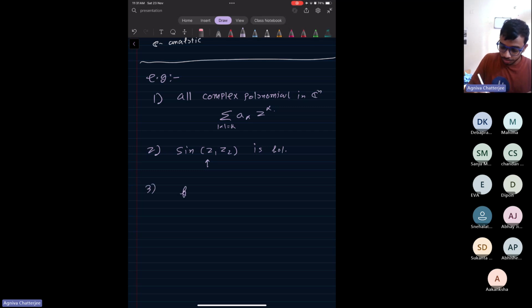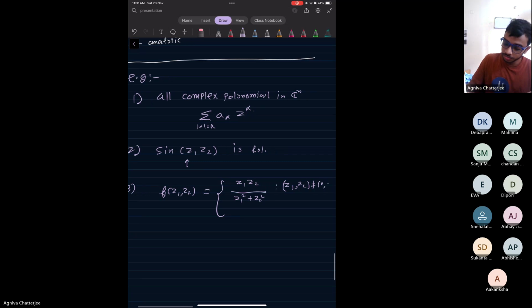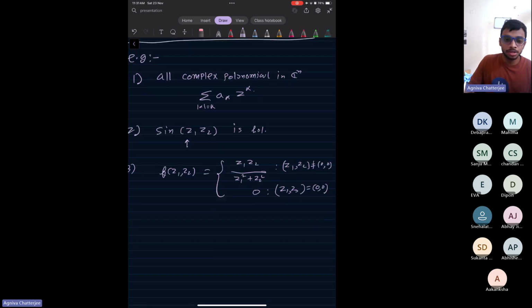Number 3, this isn't good. You can take it as an exercise: z1 z2 divided by z1 squared plus z2 squared. I just complexified the last example, when (z1, z2) is not (0, 0), and 0 when z1, z2 equal 0. I said that the existence of complex partial derivatives basically means that things are holomorphic.